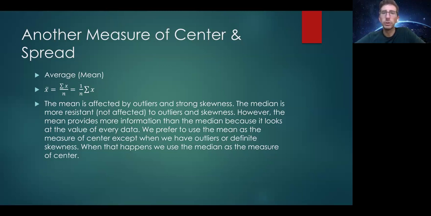When this happens, we use the median as the measure of center. This is a really important note. You'll definitely see this on homework and most likely on your test. When you have skewness or outliers, you don't want to use the mean, you want to use the median. Other than that, if you don't have skewness or outliers, then you prefer to use the mean.